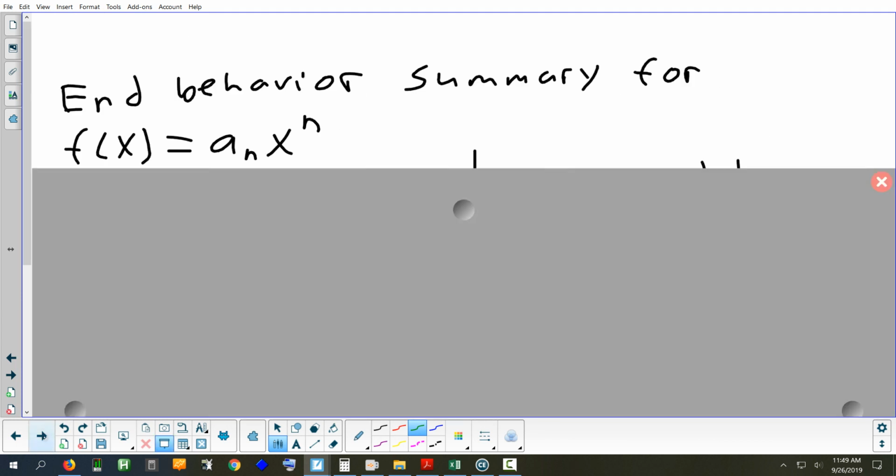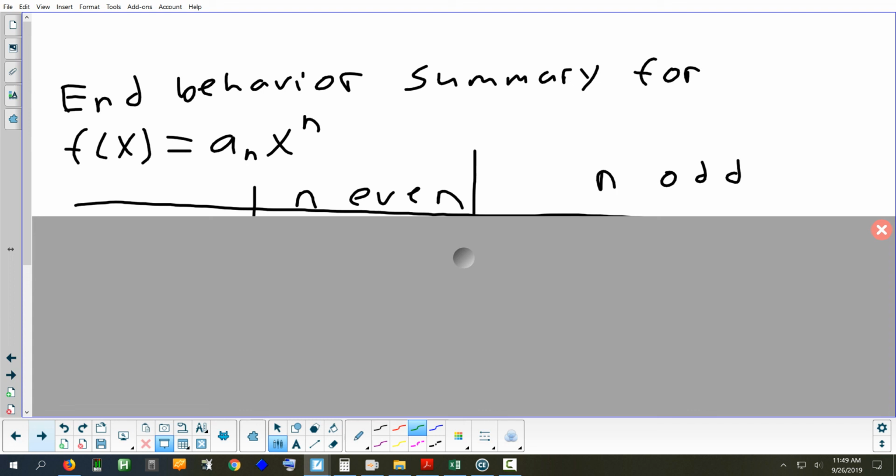So, we're going to summarize whether it's even or odd. And the other, I said you have to look at 2 things. The other thing you have to look at is the number in front of the highest term.